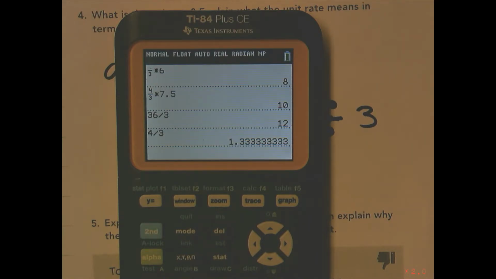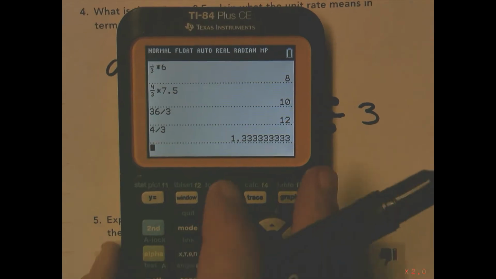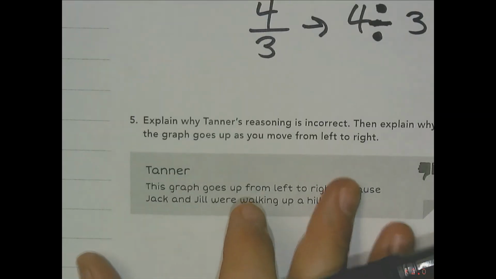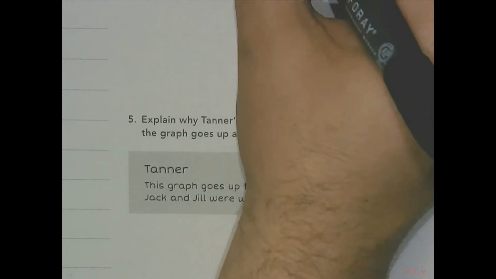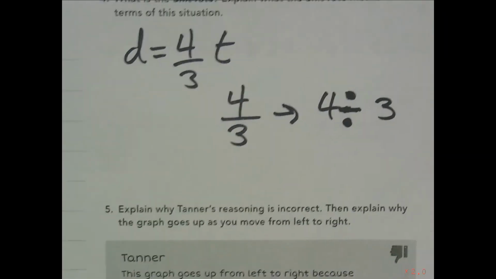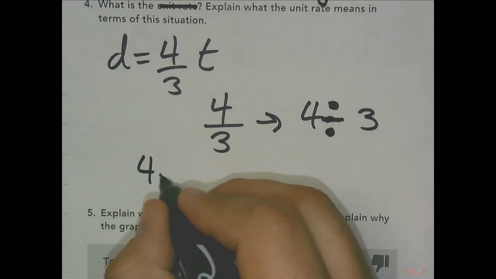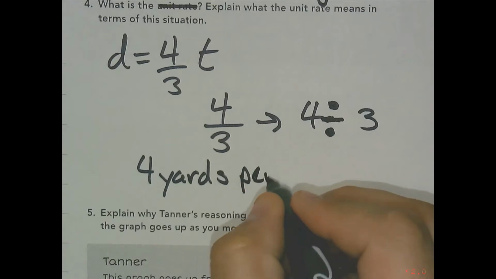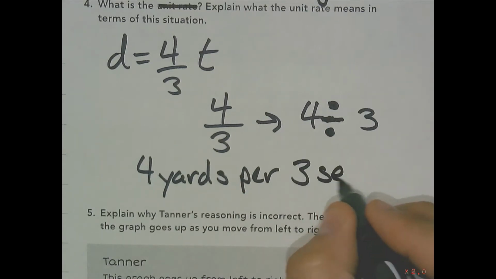Okay. Now, we have to be careful. Mr. Adams said that the unit rate usually has a 1 at the bottom. I think what they really meant to say was rate of change, because unit rate can mean unit per unit. In other words, we were doing 4 yards per 3 seconds.